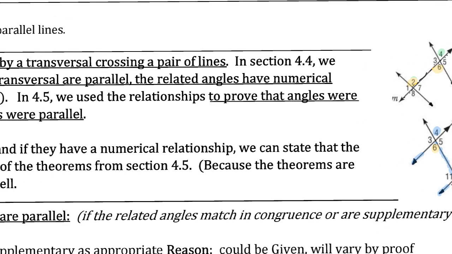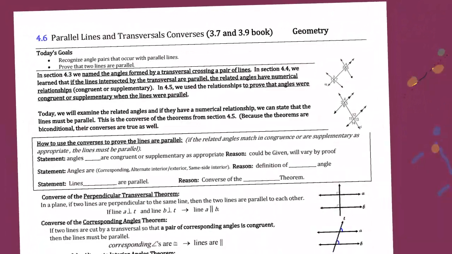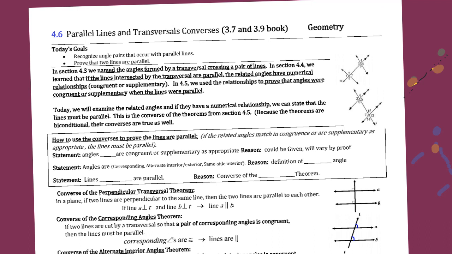And so is by saying, let's talk about what we know. And this is being a little bit silly. So how do you use your converses? If you want to say, hey, guess what? I noticed this stuff, so therefore the lines have to be parallel, well, this is how you notice the stuff. You start by stating, hey, I noticed two angles that are going to be congruent, or maybe that they're supplementary as appropriate. Remember that angles that are congruent or supplementary as appropriate, same side interior would be ones that would be supplementary.